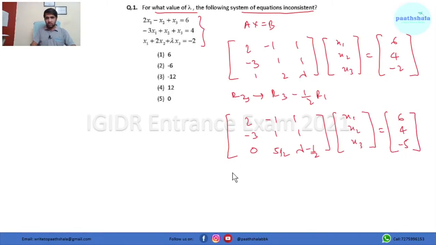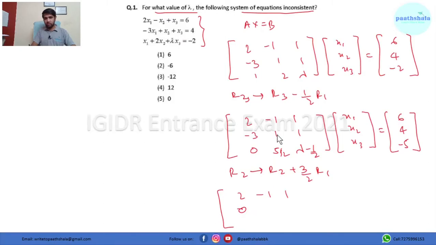Now again let's transform the second row. R2 changes to R2 plus 3 by 2 R1. We get 2, -1, 1, and when we multiply row 1 by 3 by 2, the first element is 3, and -3 plus 3 comes out to be 0.